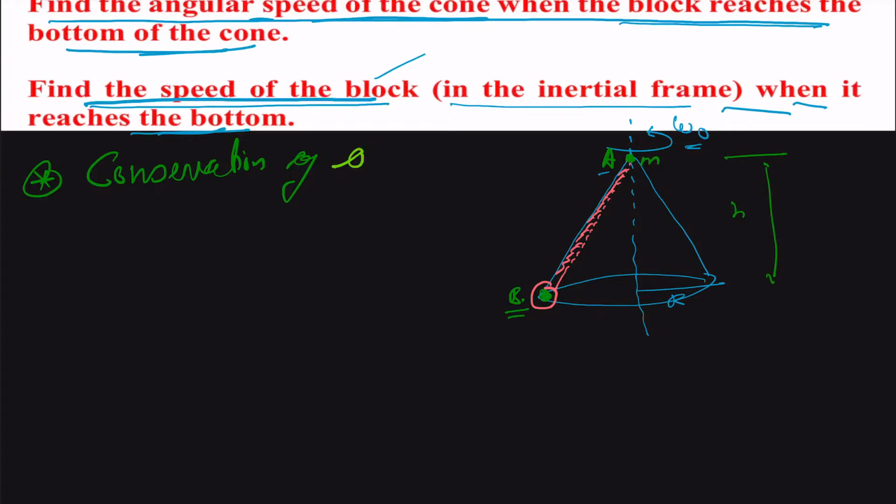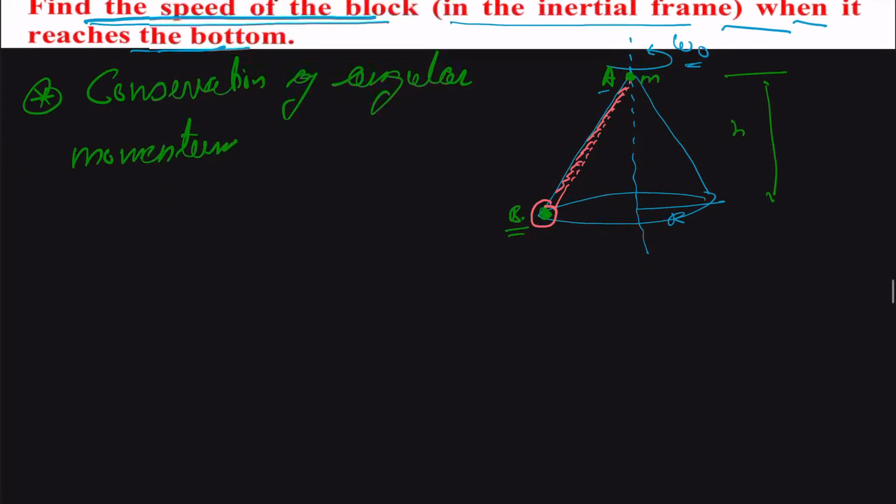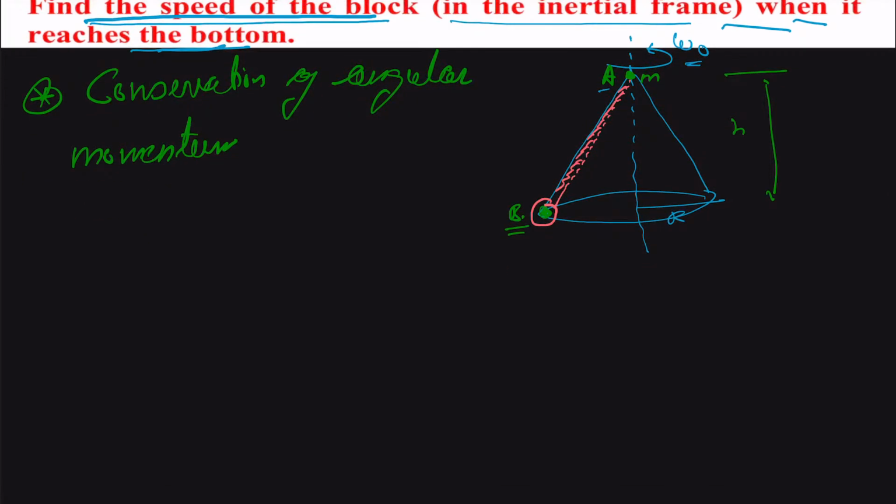We can write that the total angular momentum at any given time with respect to the axis, let us suppose this axis is our PQ, because it is rotating about PQ, will be equal to angular momentum associated with the cone plus angular momentum associated with mass m.